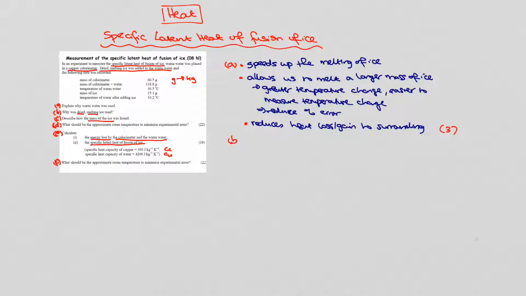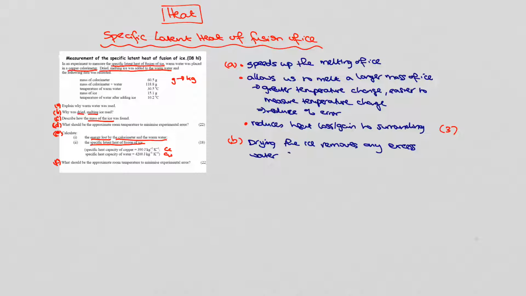So B then says, why did we use dry melting ice? So drying the ice is important because it removes any excess water before we add it into the calorimeter.